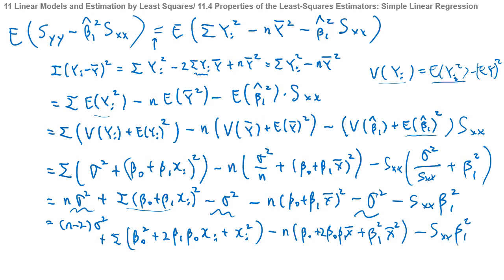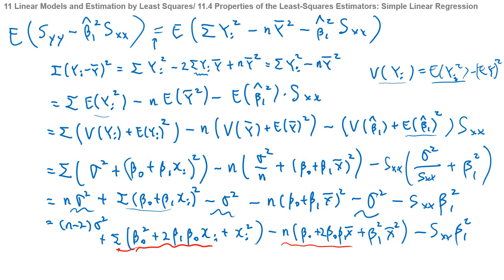Okay, and from here we can check that this part, summation with this part and this part, cancel out because the sum of xi is n times x bar, so these red parts can be cancelled out.